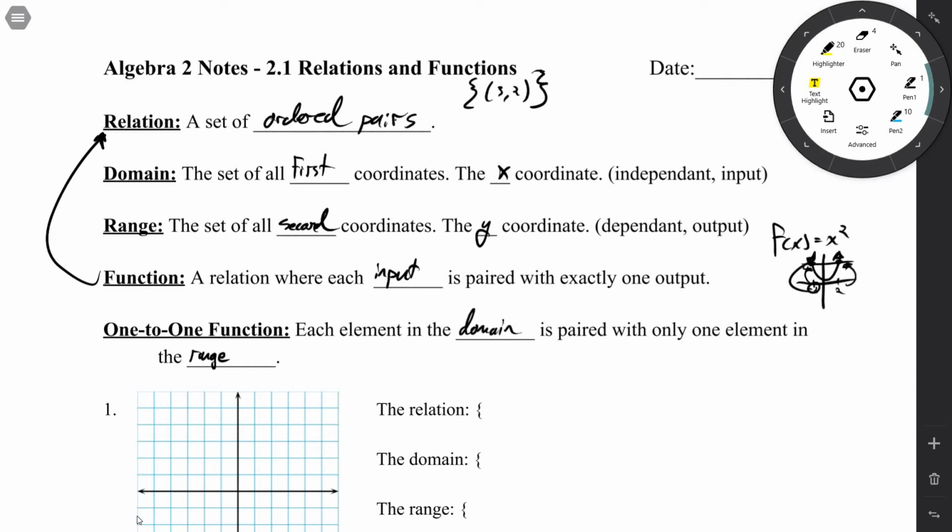This means that this function right here, f of x equals x squared, would not be a one-to-one function because we can get to the same output with different inputs. A one-to-one function does not have that. Every single input is paired with exactly one output, and every one output is paired with exactly one input. You can't get to the same output with two different inputs. That would be a one-to-one function.